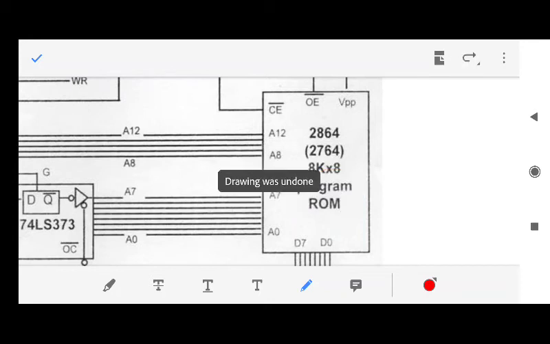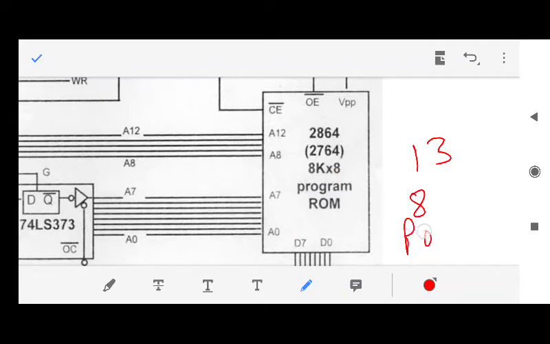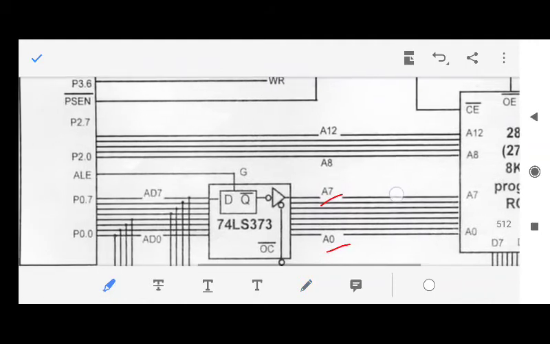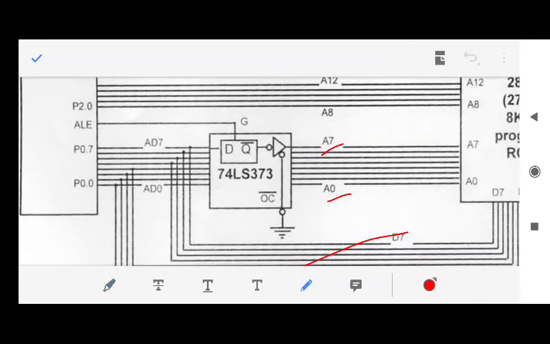So 8 address lines out of 13 are from port 0, and how many remaining? 5 are from port 2. So those 8 address lines, AD0 to AD7, I'm sorry, yes, AD0 to AD7, are connected to the latch because they can be data, they can be address, and then they are connected to the address lines of the memory.